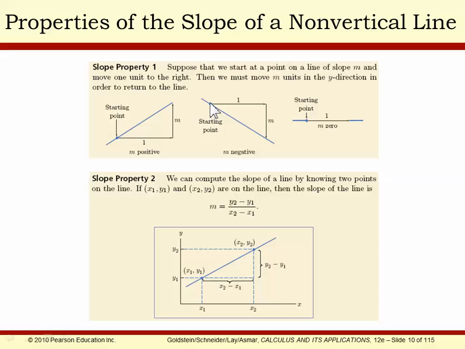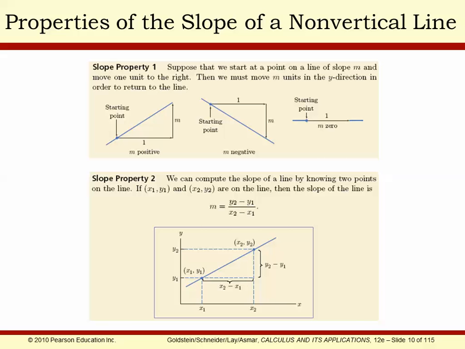Same thing if it's negative, except, of course, you'd be going down because m is a negative number. And remember, zero slope means you have a flat straight line that doesn't change. We looked at that last time, and that's going to come up again. Zero slope is really important in calculus because it means something is not changing. Very, very important.